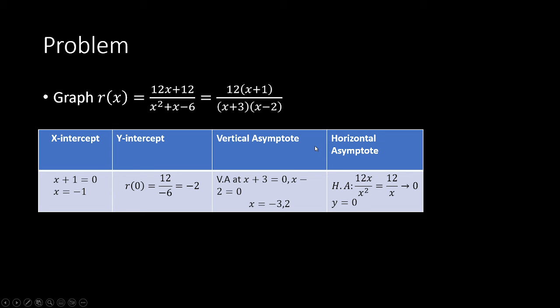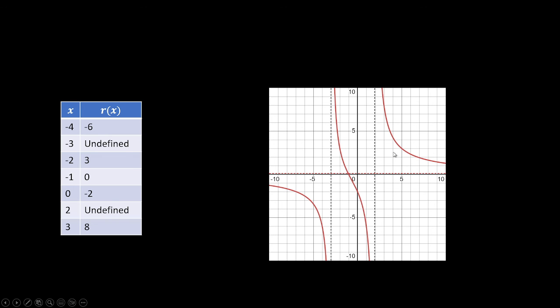Since the degree of the denominator is higher than the degree of the numerator, the horizontal asymptote is y equals 0. Then you find the points. You have negative 4 and negative 6.